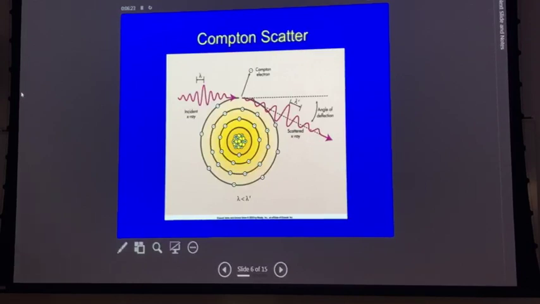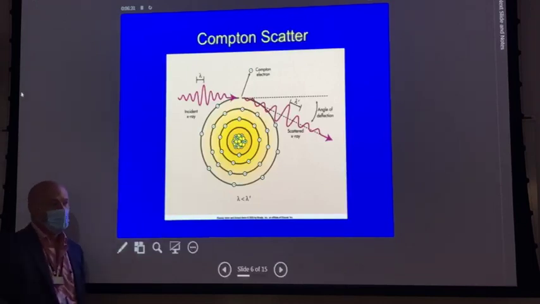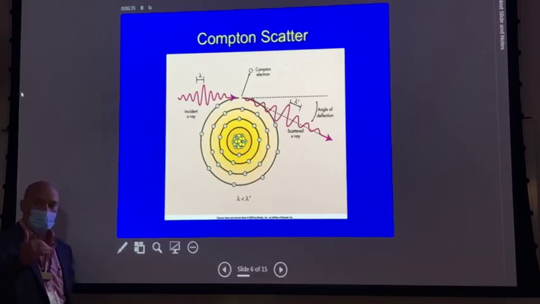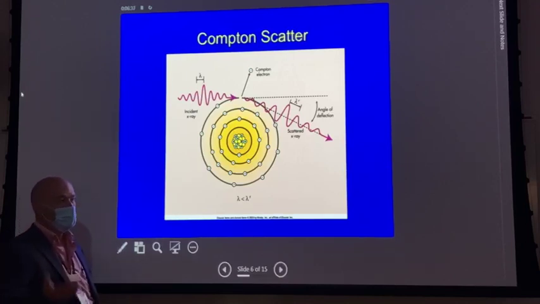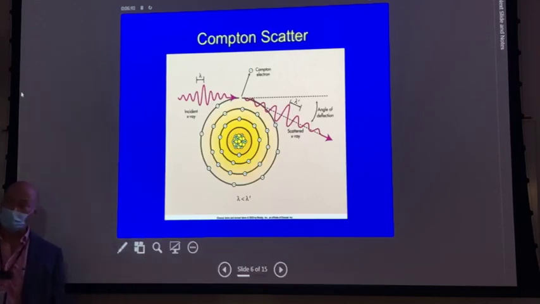Compton scatter, on the other hand, is a lot different. With Compton scatter, we get wide angle scatter radiation with still a lot of energy left to it. Compton scatter might scatter multiple times inside the patient, losing energy every single time, and it may eventually become photoelectric inside the patient.